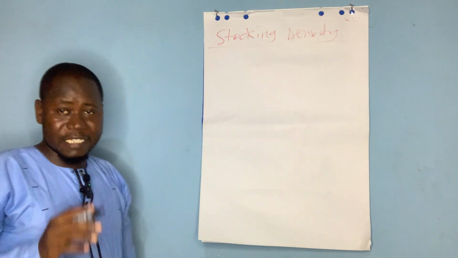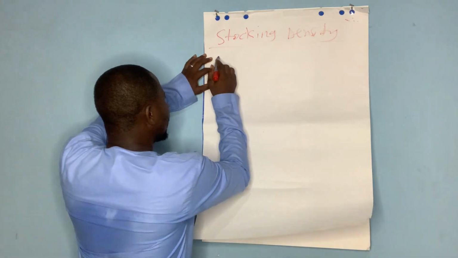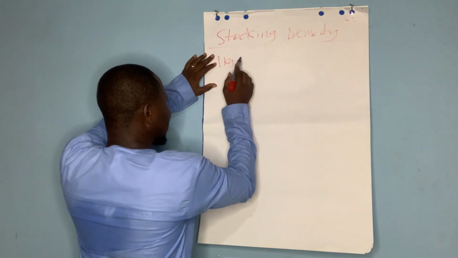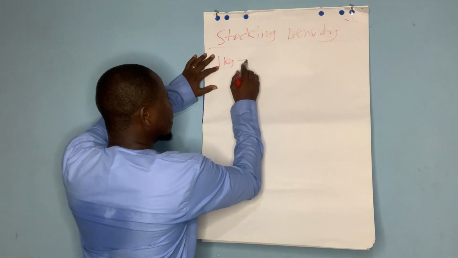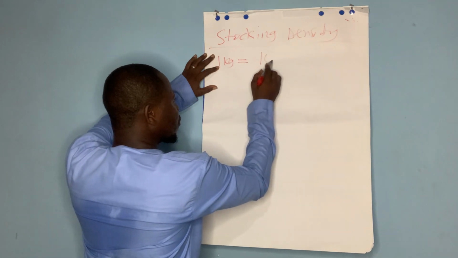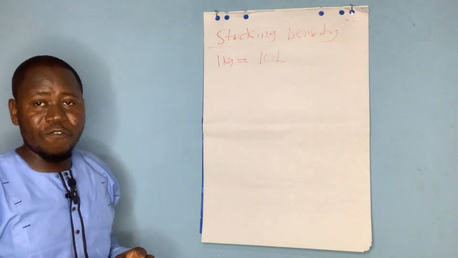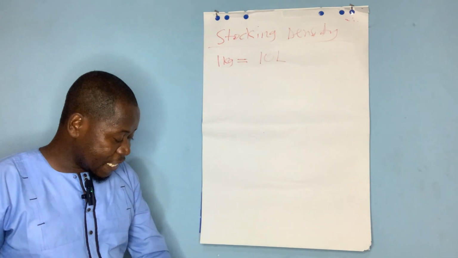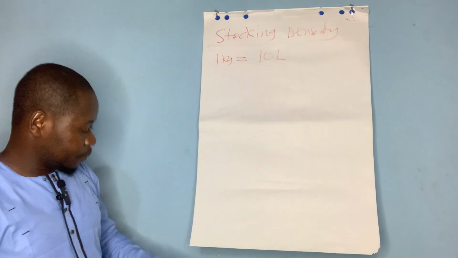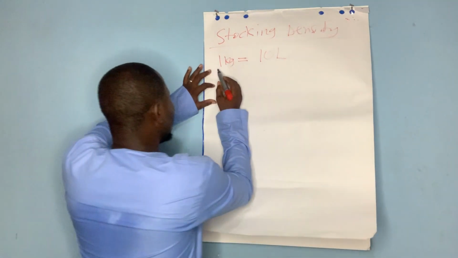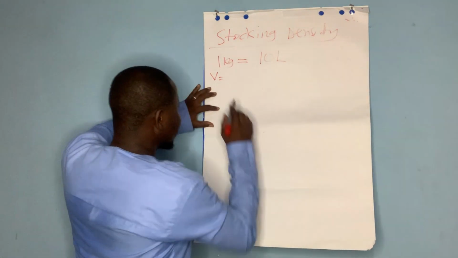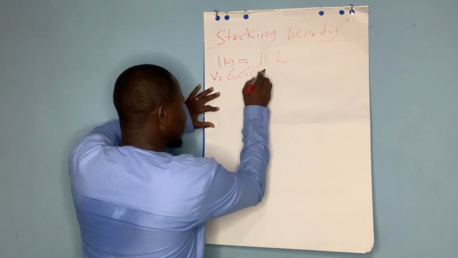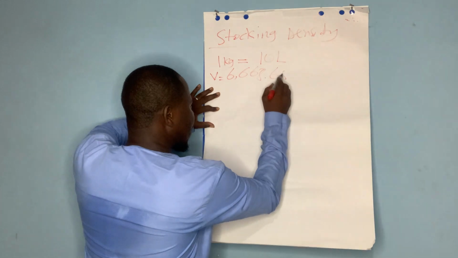Stocking density, the same formula: 1 kg of fish, we need 10 liters of water. Now, let's represent, when we calculate it, the volume is 6,668.65 liters.